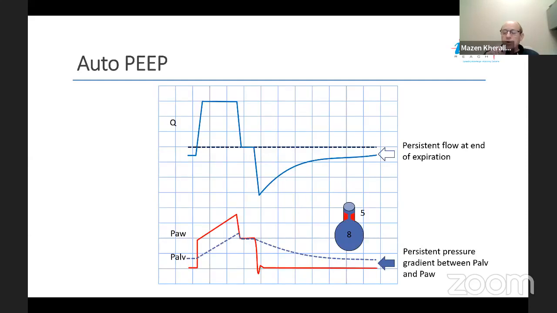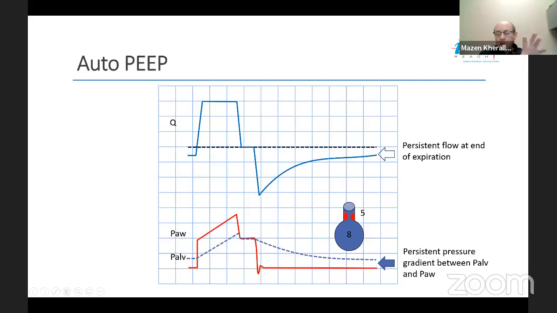However, Auto-PEEP is alveolar pressure, and alveolar pressure is the dotted line here. That's why, in order to measure the Auto-PEEP, you need to put expiratory hold. And when you put expiratory hold, that red line will go up to the dotted line.